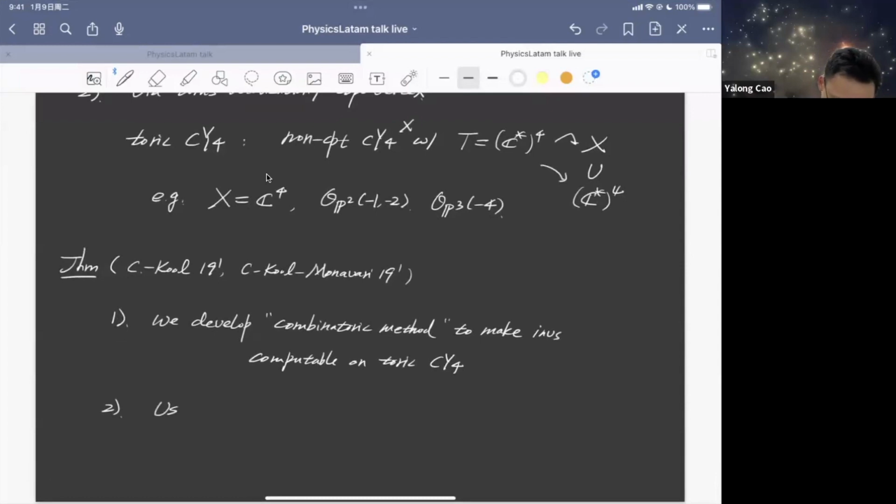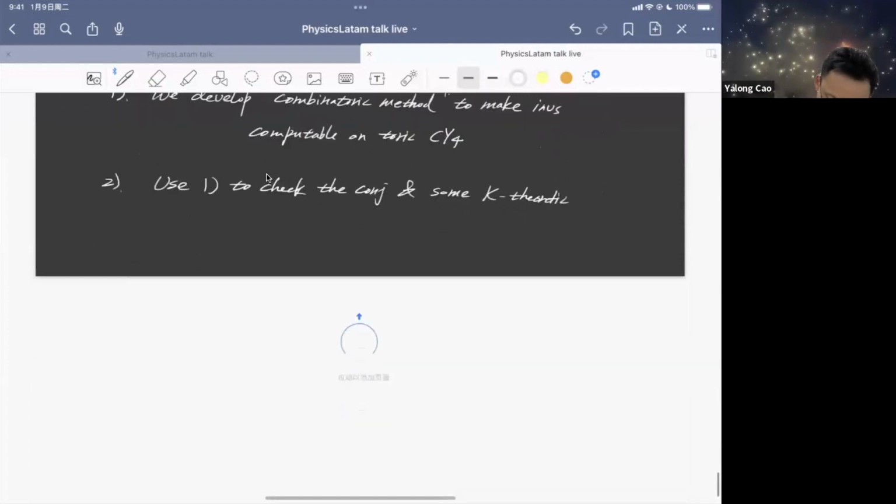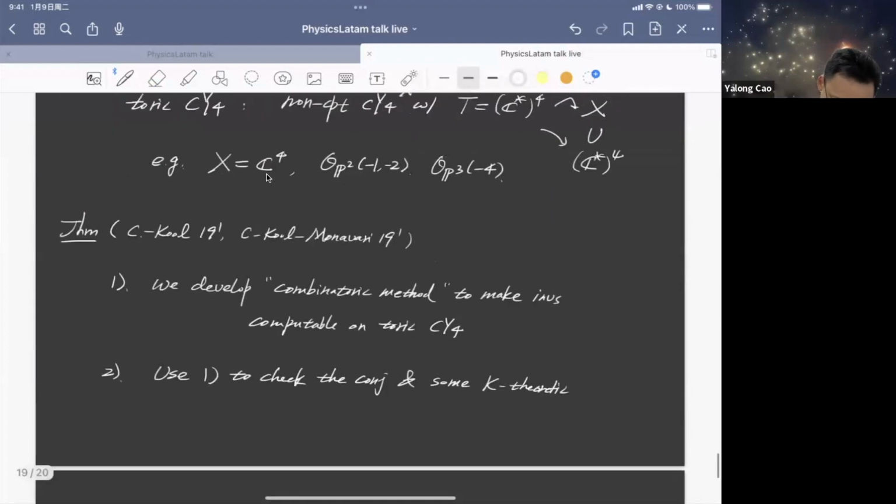And second, we use the first method to check our previous conjectures, and also some K-theoretic generalizations, in many examples.